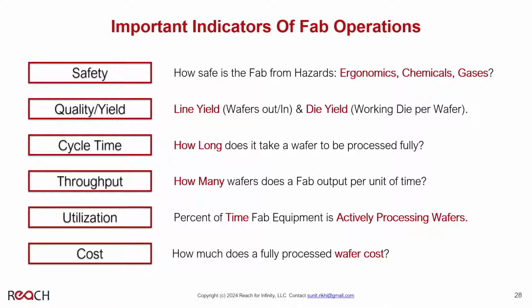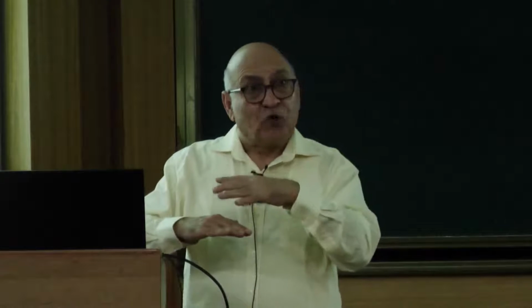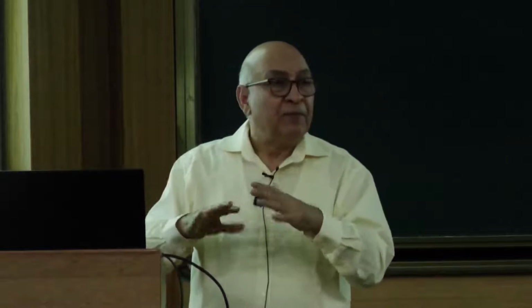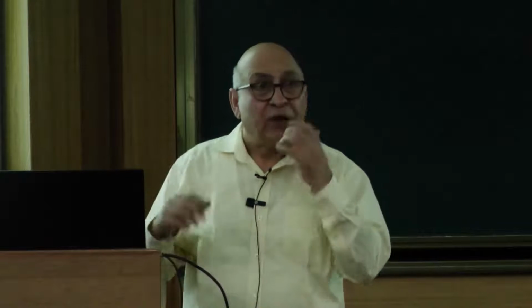Well, sometimes they accidentally get dropped, but no more because automation is pretty good. Or they can be broken inside the tool. When the tool gets the FOUP, it has 25 wafers. It goes to the first one, takes it, and starts processing it. While it's processing that, there may be a problem with the tool and it can break the wafer.